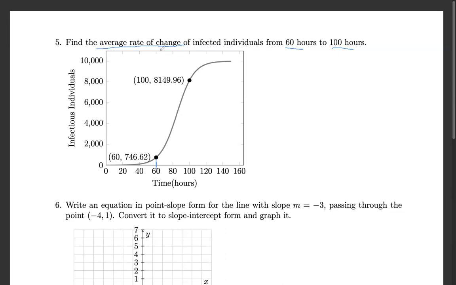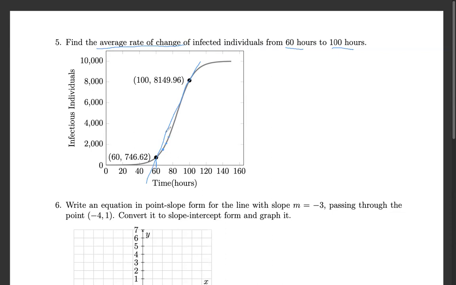The average rate of change means the slope of the line passing through these 2 points. Because this is a wiggly line, at each point if we draw a line, the slope is different.